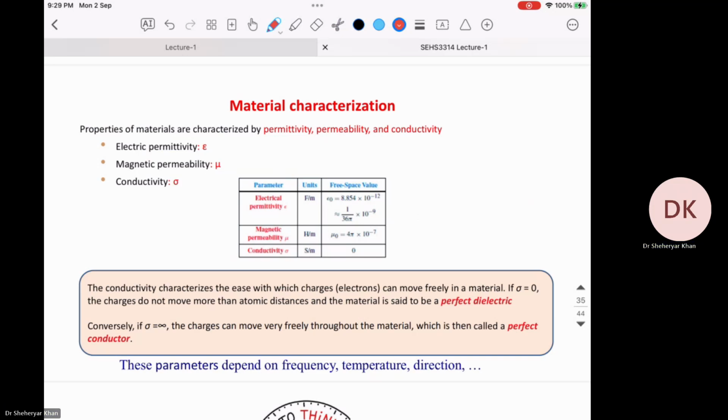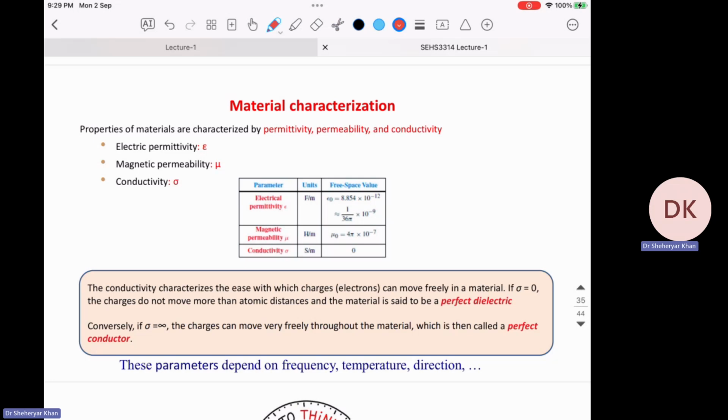You learned conductance, Siemens, and the inverse of conductance is resistance. Resistance is opposition to the flow of current, and when you take the inverse of resistance, you get conductance, Siemens. But when you put it on a length, you have conductivity per meter.